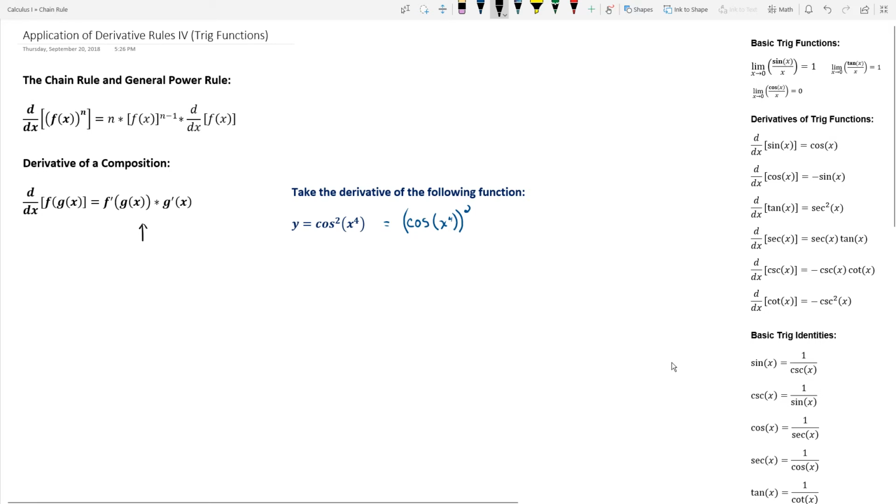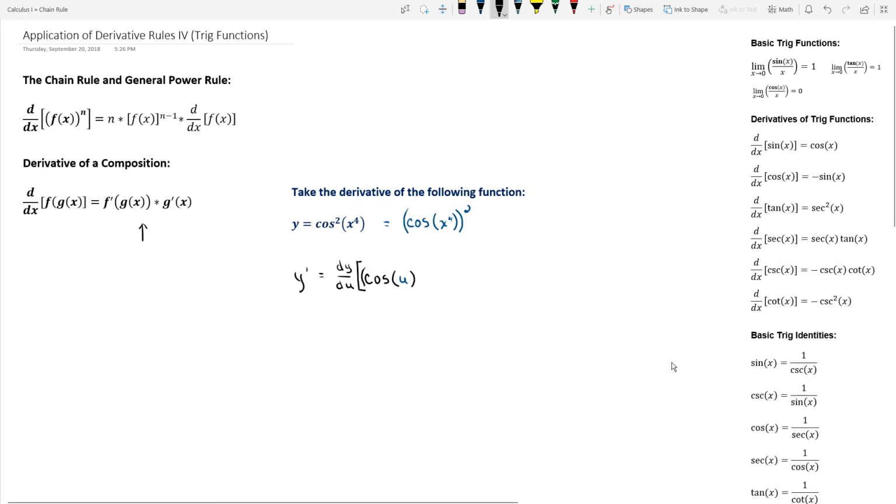So I'm going to rewrite this, and I'm going to say that we are taking the derivative y, and we are going to do this by breaking it up as the derivative y with respect to u, and I'm going to write that as cosine of u.